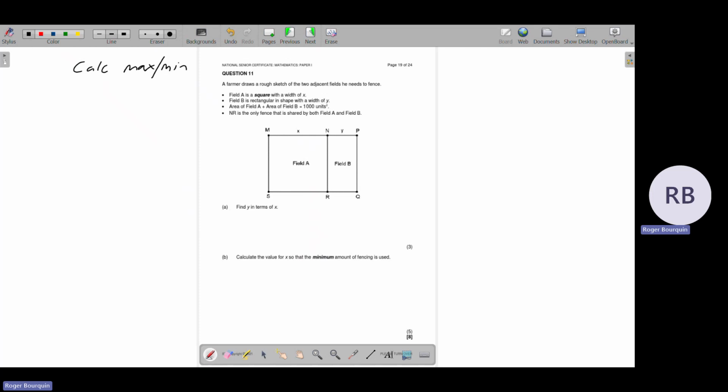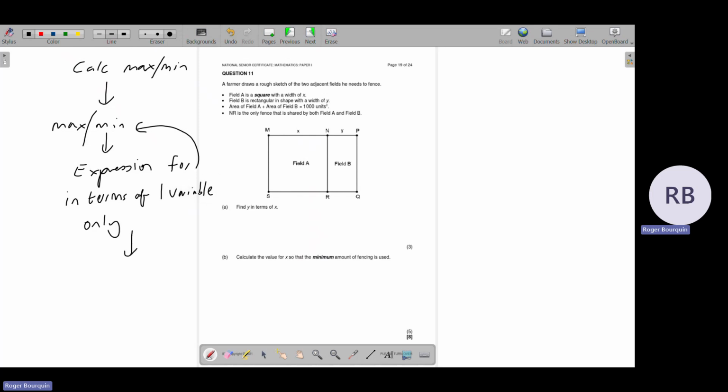Okay, what's the process then? Whatever they ask you to maximize or minimize, you have to get an expression for that in terms of one variable only, because we can't differentiate in terms of two variables.